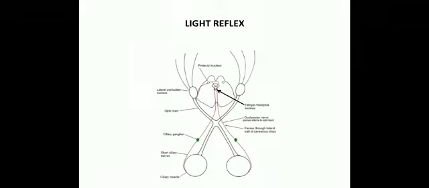Each pretectal nucleus is linked to its ipsilateral Edinger-Westphal nucleus by internuncial neurons. The contralateral Edinger-Westphal nucleus is reached by way of the posterior commissure.